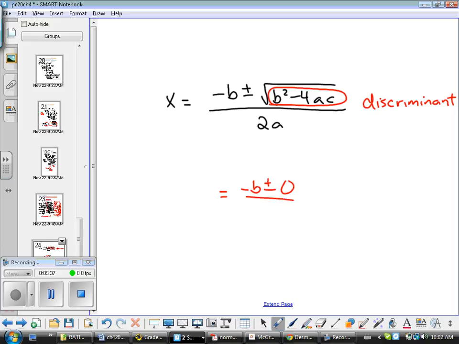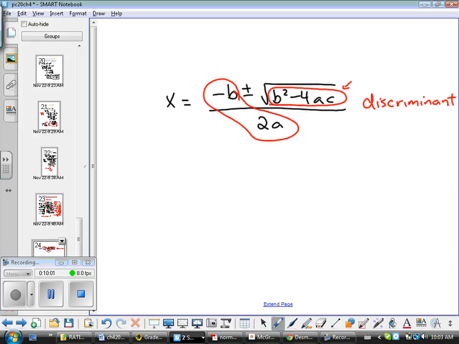When you plus or minus 0, you're not going to get two different answers. You get one. So you don't have a radical anymore, and you don't have to worry about the plus or minus giving you two answers. If that discriminant is equal to 0, then you're just getting one root, negative b over 2a.